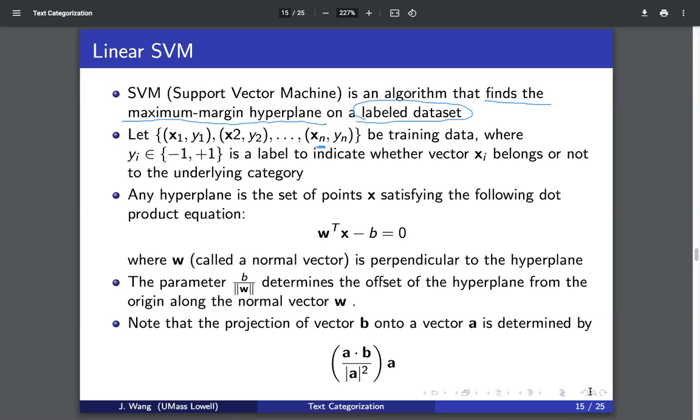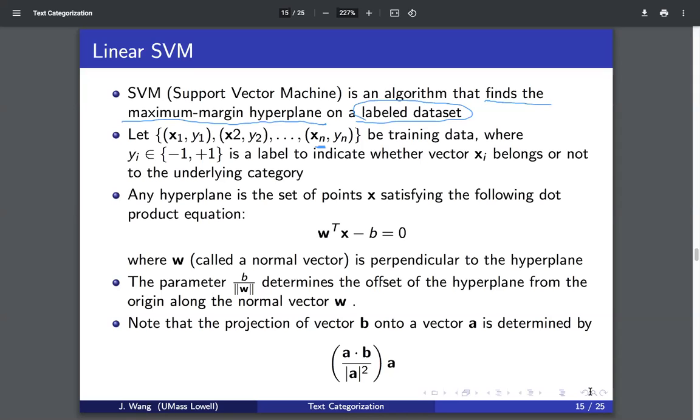Those are good enough for support vector machine training. Of course, the more the better, obviously. In training a neural network model, you need a huge amount of training data. Support vector machine doesn't need that kind of thing.